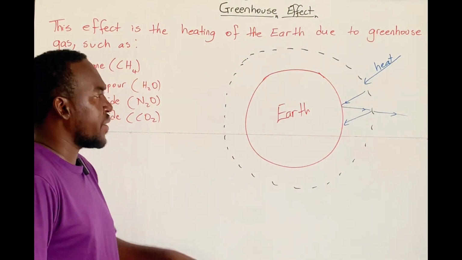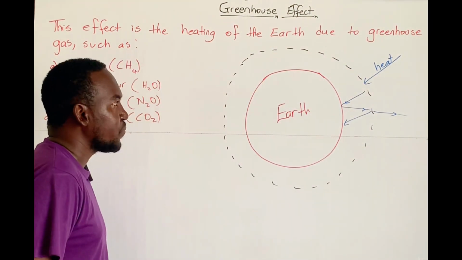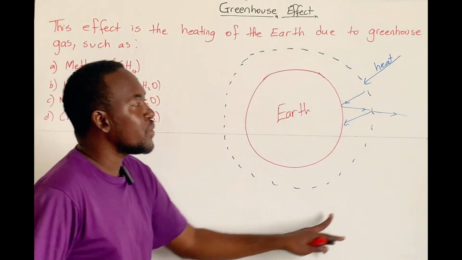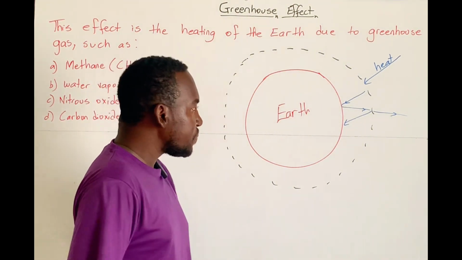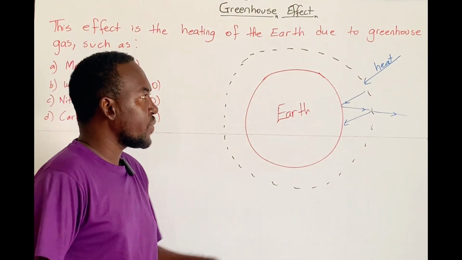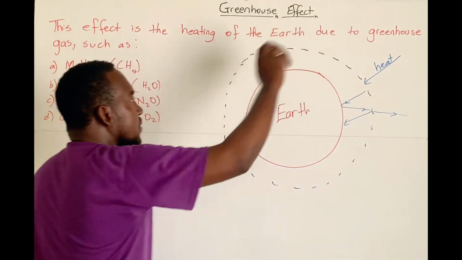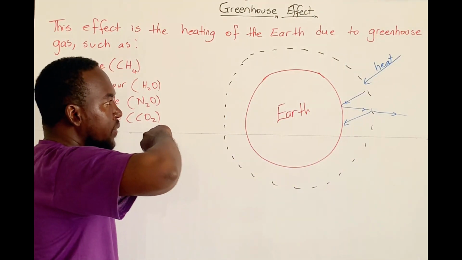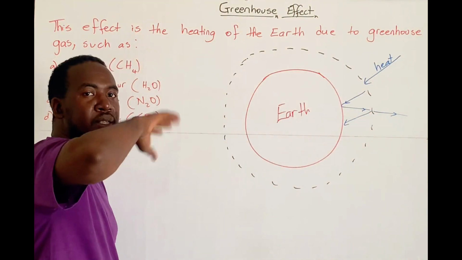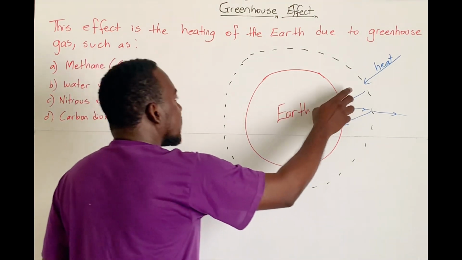Now here we have a diagram of the earth. This would represent its atmosphere, primarily the ozone layer. So let's say this is your ozone layer. Now the greenhouse gases are inside the atmosphere, right? When heat comes in from the sun, it can be reflected by the ozone layer and it will be absorbed as well, sent to Earth.